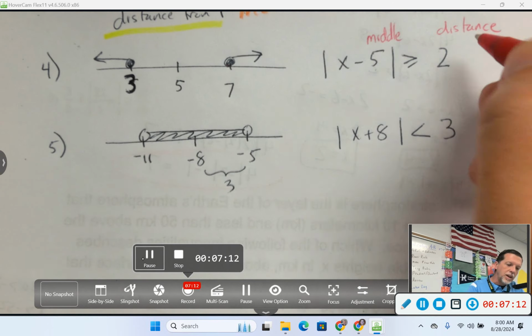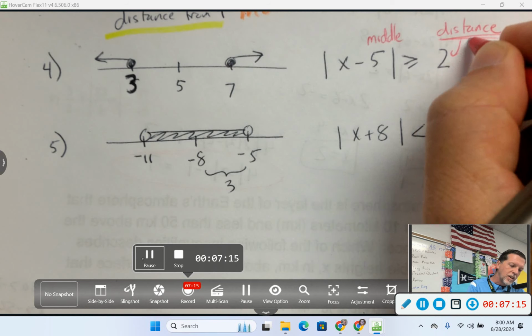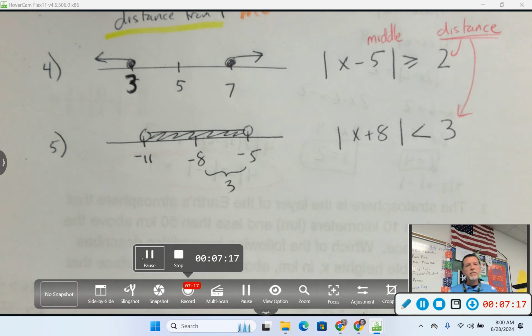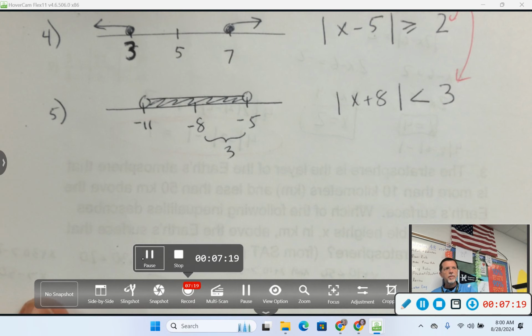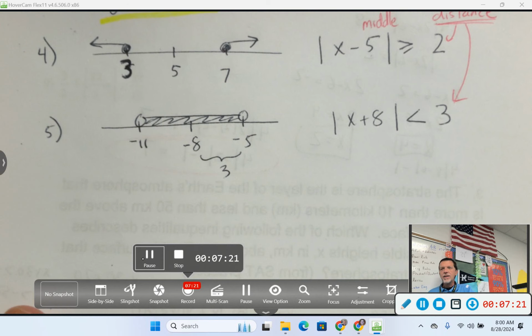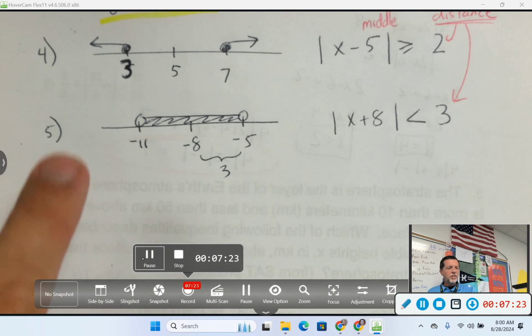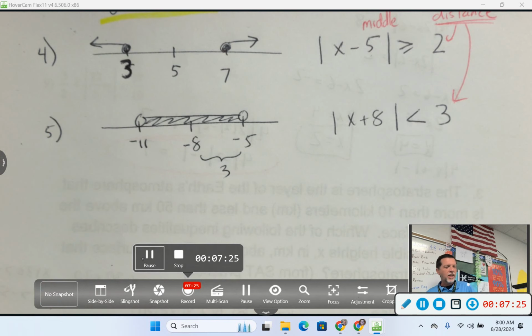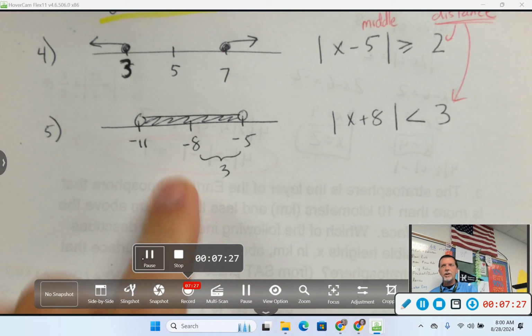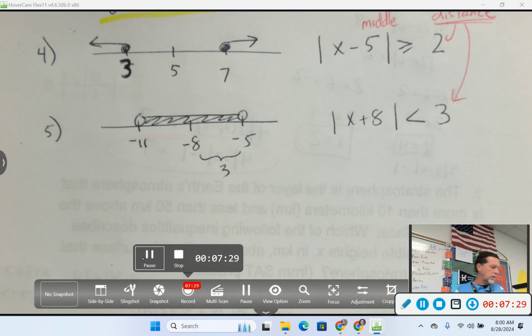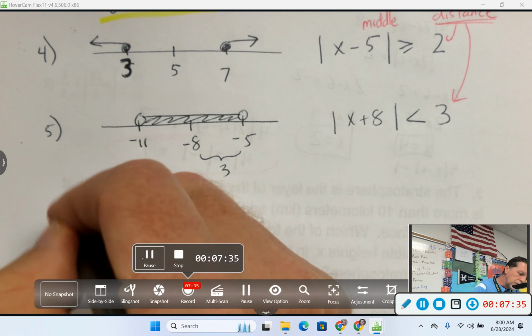Another answer would be distance is always positive, so those numbers will always be positive. So it's an interesting, tricky problem set today, where you hit some of these that force you to slow down and think backwards. Most of them are not that. Most of them are more normal.